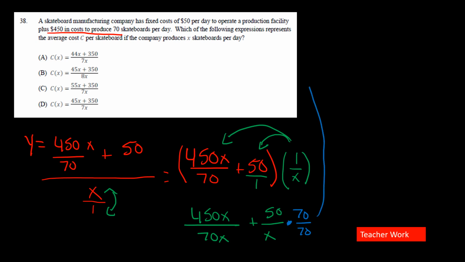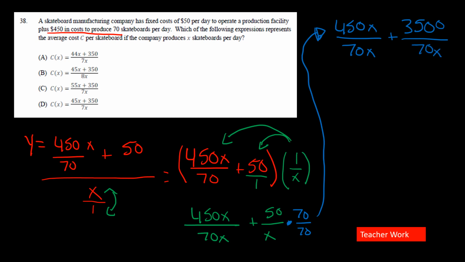So what happens here is we have 450x over 70x plus 50 times 70, which is 3,500, over 70x, because 50 times 70 is 3,500 and x times 70 is 70x.